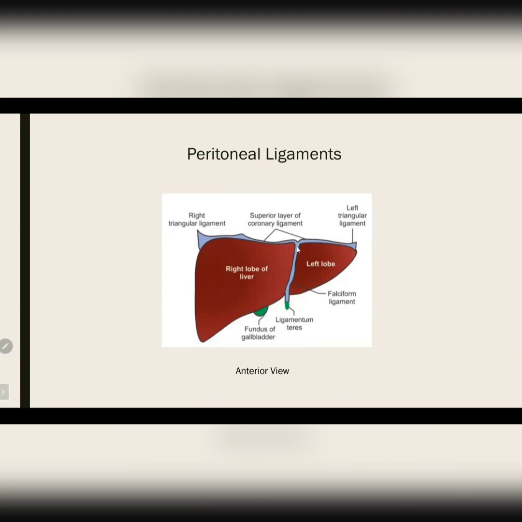One ligament I've already mentioned on the anterior surface, which is the falciform ligament. When you trace the falciform ligament up to the posterior surface of the liver, you can see that the falciform ligament will continue as coronary ligament. Specifically, this is superior layer of coronary ligament.